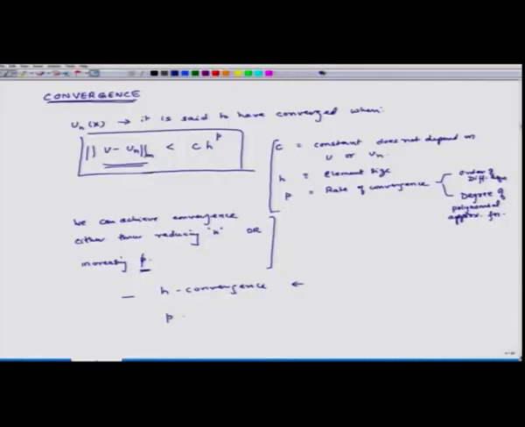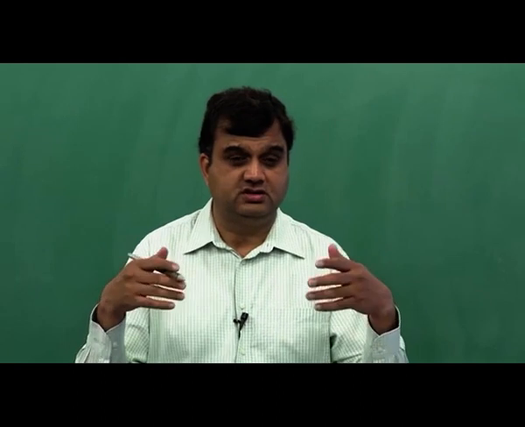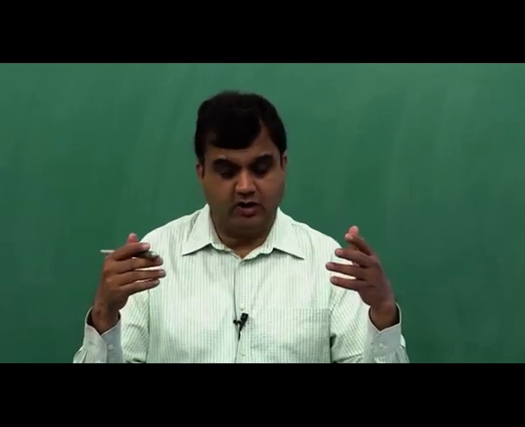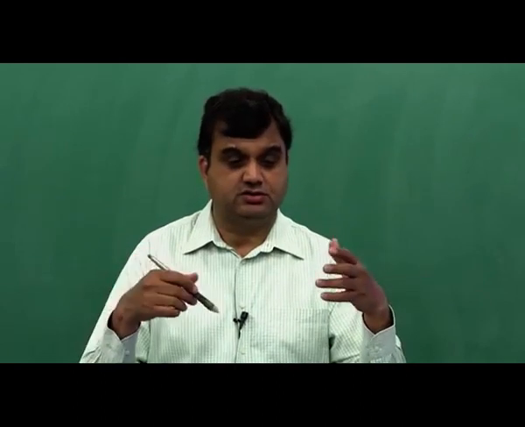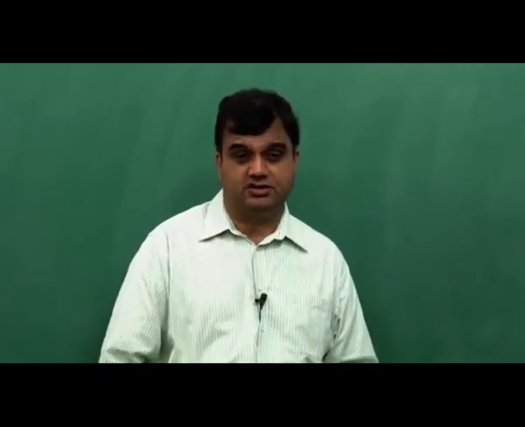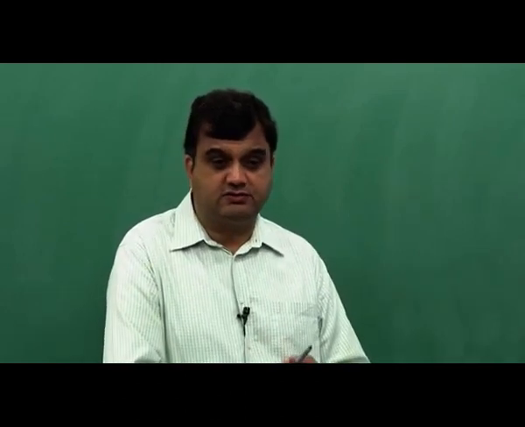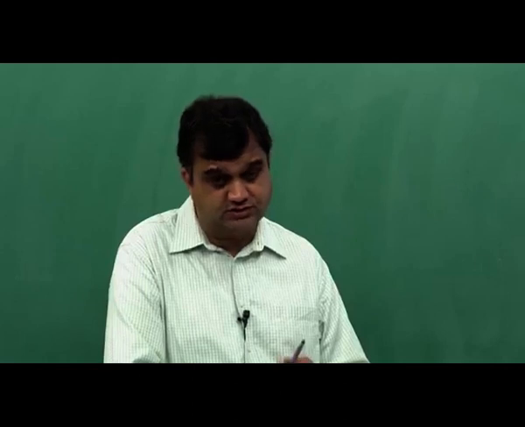And then you have P convergence, where the number of elements is not changing, but what you are doing is gradually increasing the degree of the polynomial approximation function. So you start with elements which may be linear in nature, then you go to quadratic elements, then cubic elements, maybe then quartic elements, fifth order elements, sixth order elements, and so on and so forth.